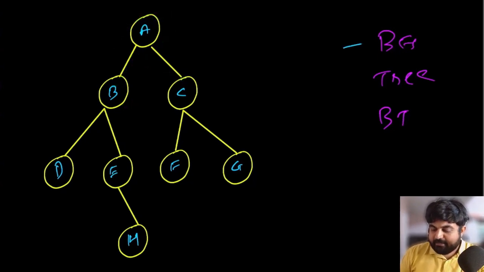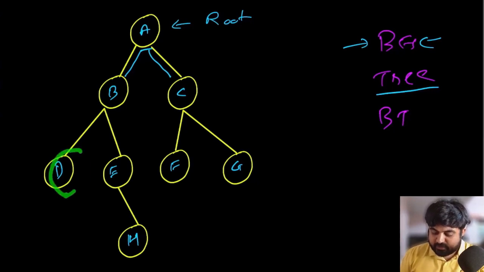Now I mentioned that BFS is simply a way to traverse over the given tree, and the logic we are going to apply is that because this is a tree, we are going to start iterating from the root node. First we will visit the root node, then we would visit the children of the root node before visiting the grandchildren of this root node.